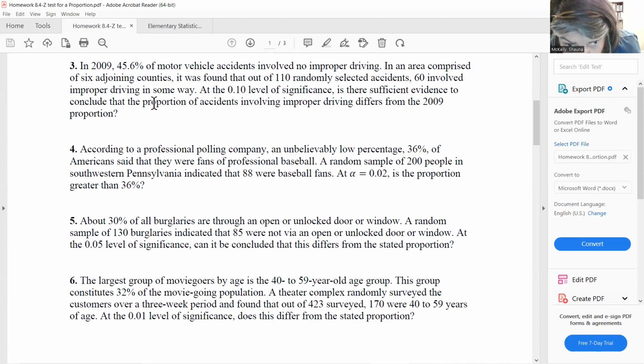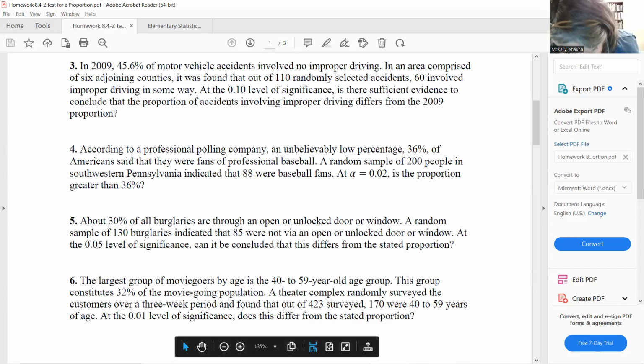So this is in fact your X. 60 out of 110 is your X. So 60 is your X, N is 110. Now, what does that mean for the way our hypothesis test looks?